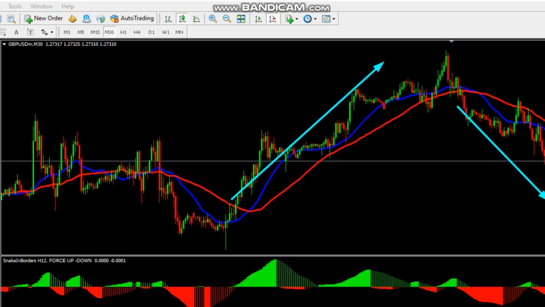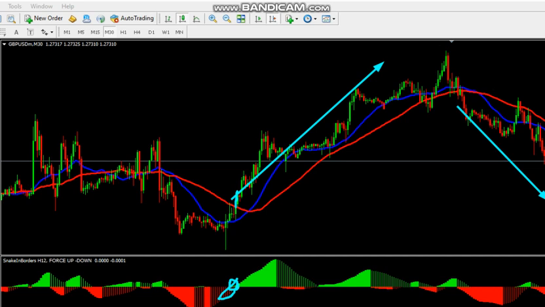So when that happens, you must look for a confluence. See that while price is above, this snake force indicator has turned to green and going upward above the 0 level. And then you can take your buy, set your stops at the last low that was formed.